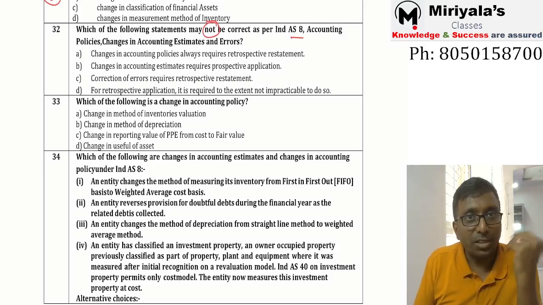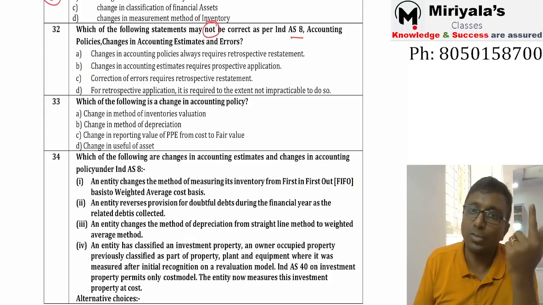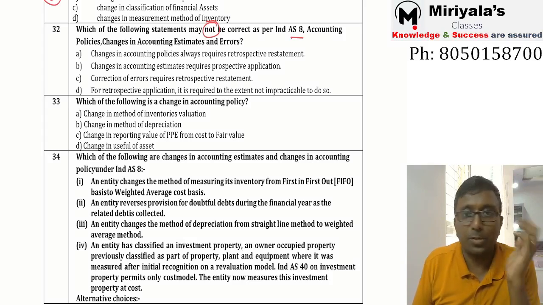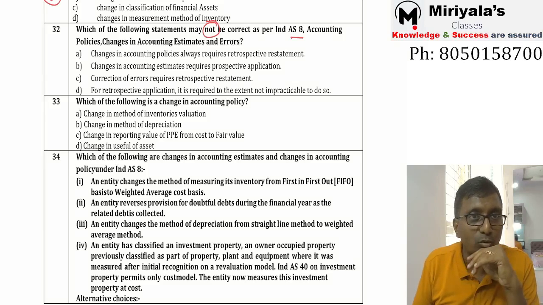Change in accounting policy always requires retrospective restatement. Not correct. The word always is not correct. If the change in accounting policy is because of an Ind AS, you are supposed to follow transitional provisions. Next, change in accounting estimate requires prospective application. This is correct. Correction of error should be retrospective restatement. Correct, to the extent it is not impracticable to do so.